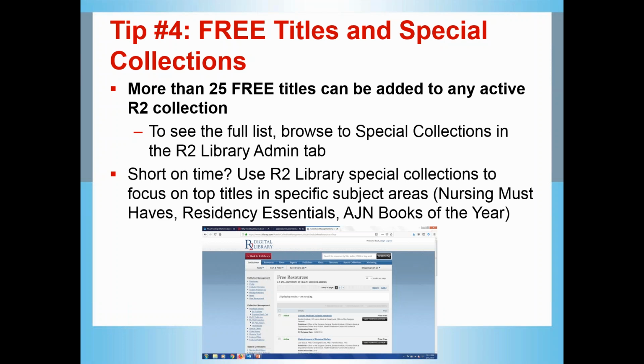So you can add those special collections as a group to a shopping cart, and then even when they're in your cart, you can go through and deselect any individual titles that may not fit your collection development goal. But those special collections sometimes can be a great shortcut, particularly if you're starting a new program or you want to update your collection.